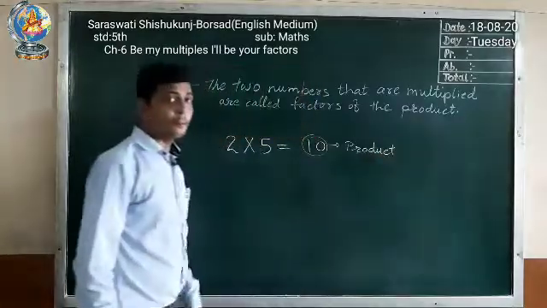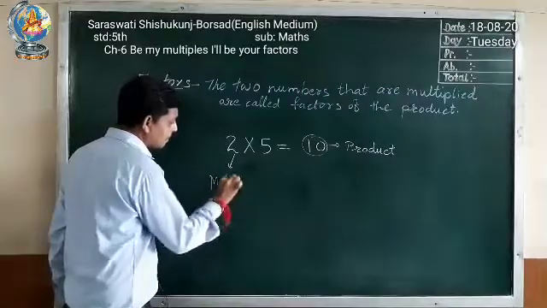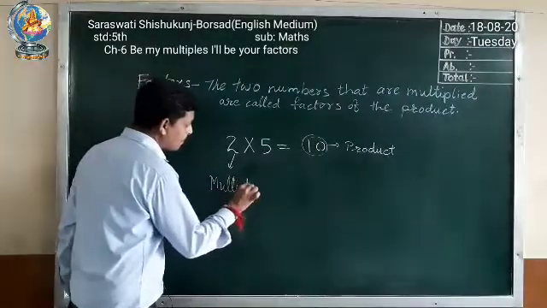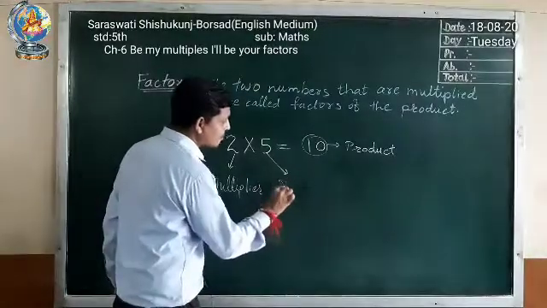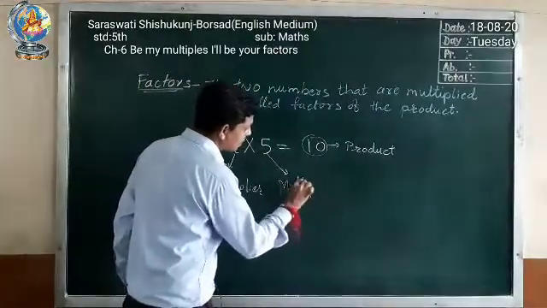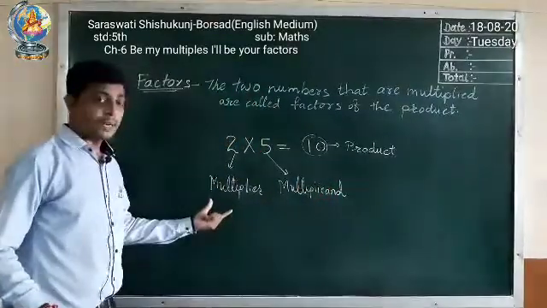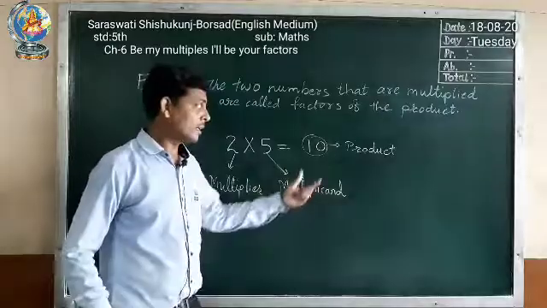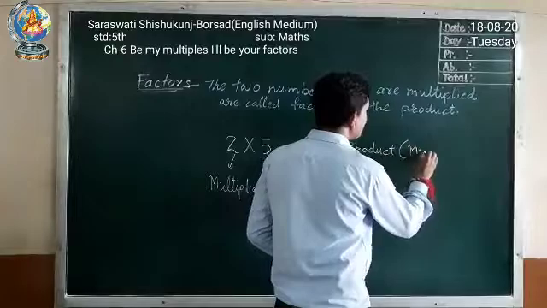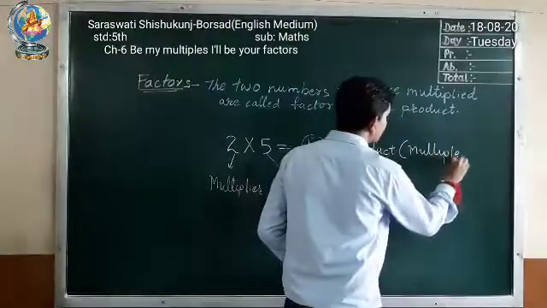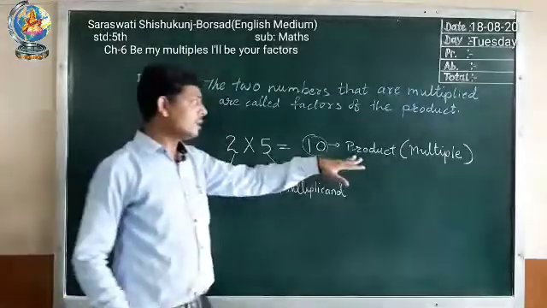10 is the product. 2 is the multiplier and 5 is the multiplicand. This is the product. Product is also known as multiple.